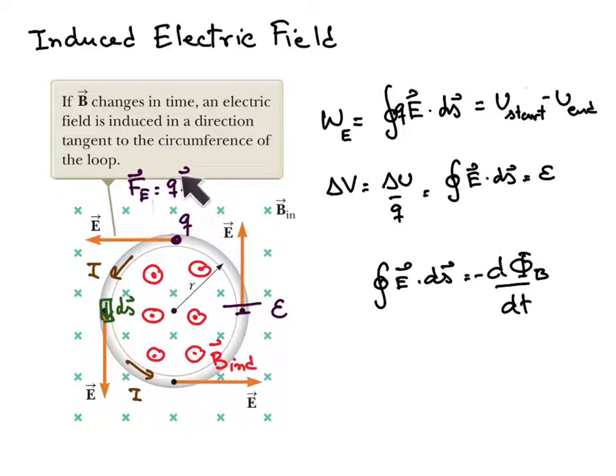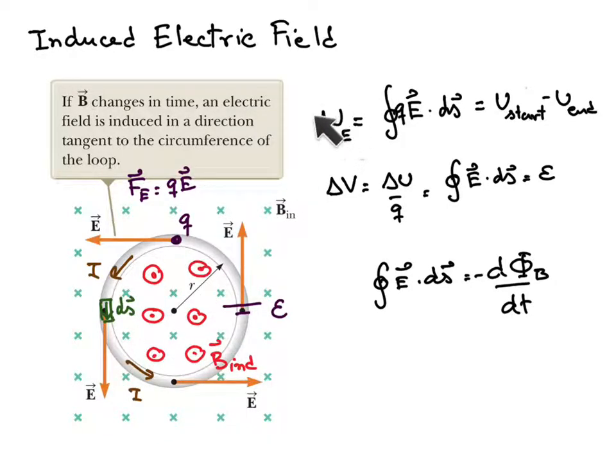Okay. Now, if we have the electric field and we have the charge, we must have the electric force Fe equal to QE, and this electric force drives the charge through the wire, which means that this force does work on the charge.